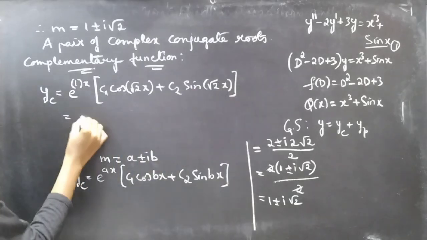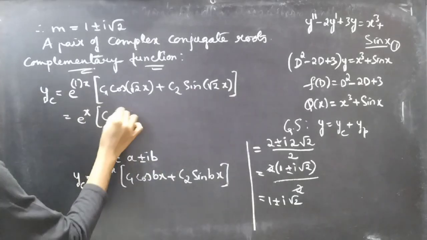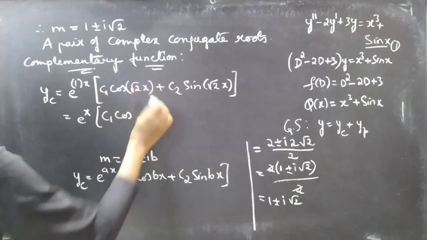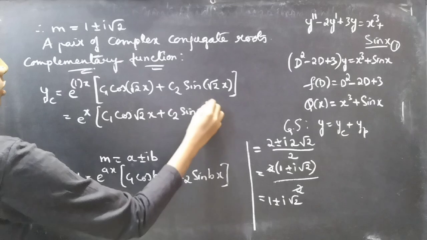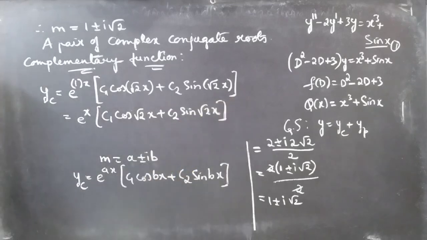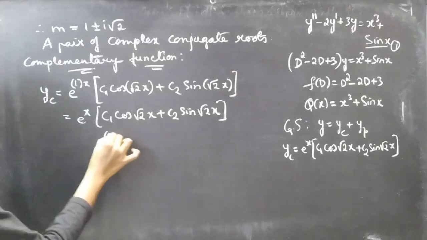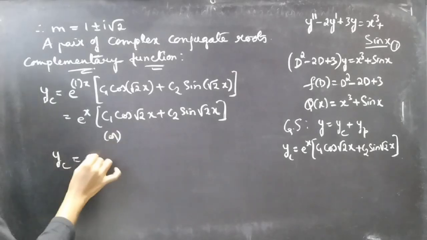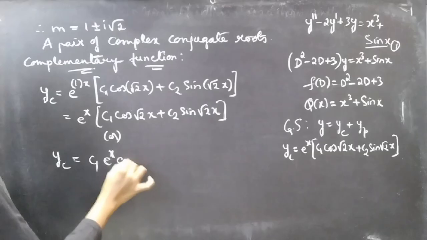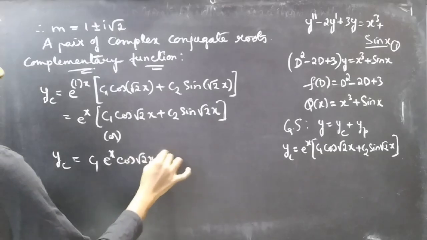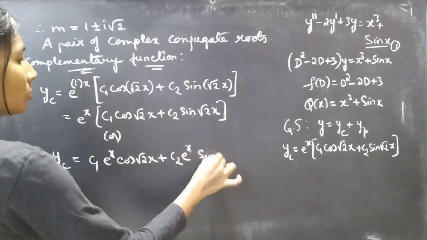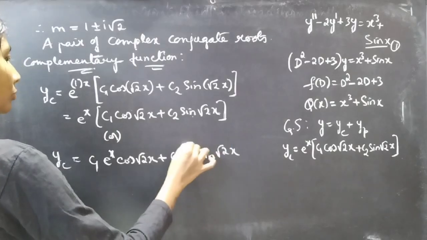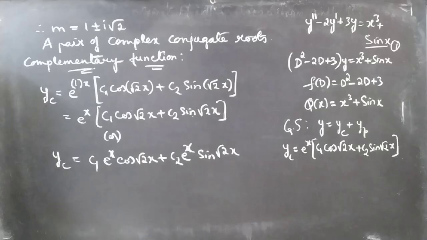This gives us e power x into c1 cos root 2x plus c2 sin root 2x. So we got yc here. Or we can write yc as c1 e power x cos root 2x plus c2 e power x sin root 2x. Okay, fine.